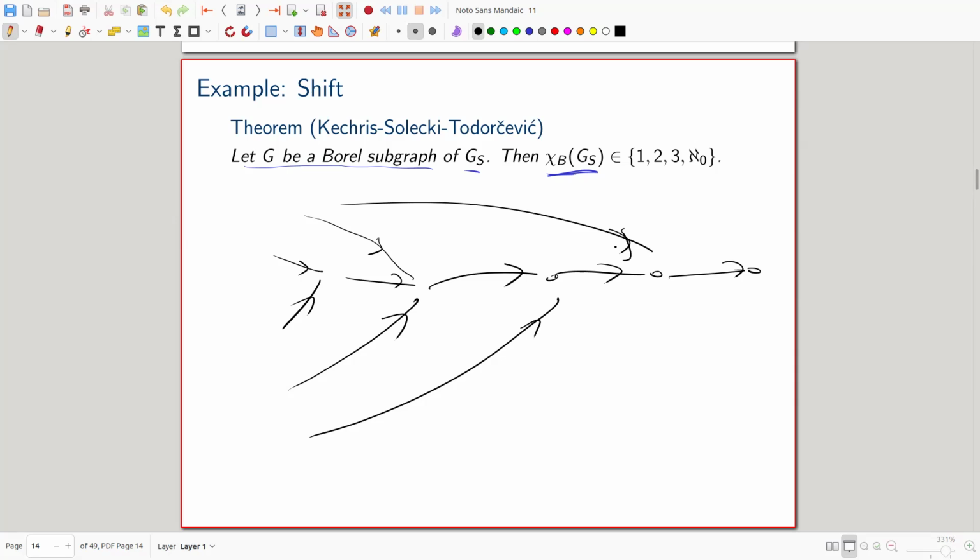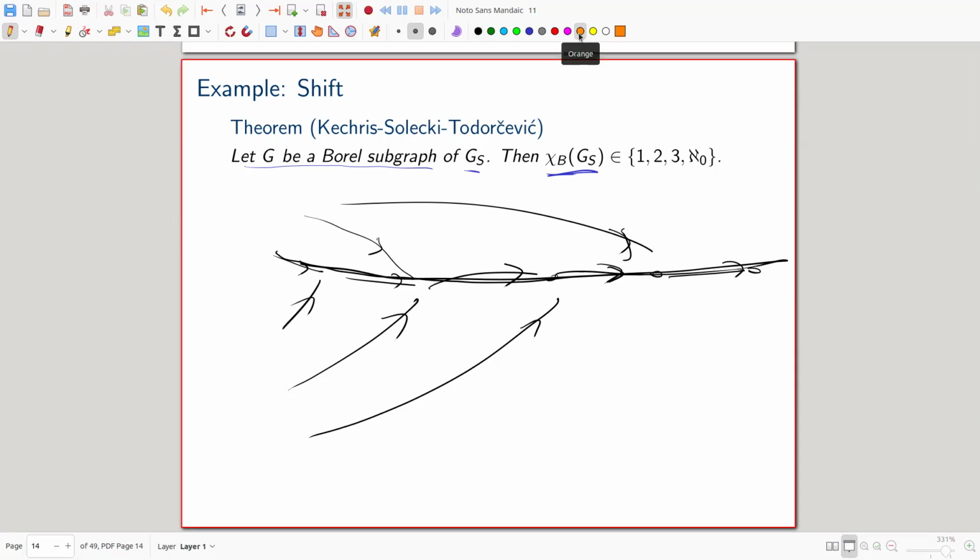So you look at a connected component and assume that you have a finite coloring with, say, 7,000 colors. I look at a point and I look forward. This is sort of the forward orbit. So I look at these iterates. Since there are infinitely many of them, one color is going to appear infinitely often.